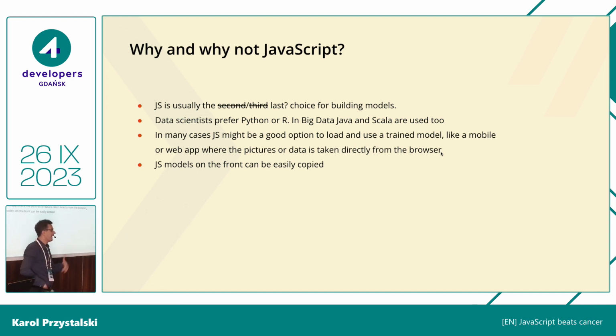Probably you will think about Python or maybe Java, Scala, if you are more into big data, like Spark and so on. These are the languages that usually come to our minds when you think about machine learning, right? So JavaScript is not the first choice when it comes to machine learning projects.